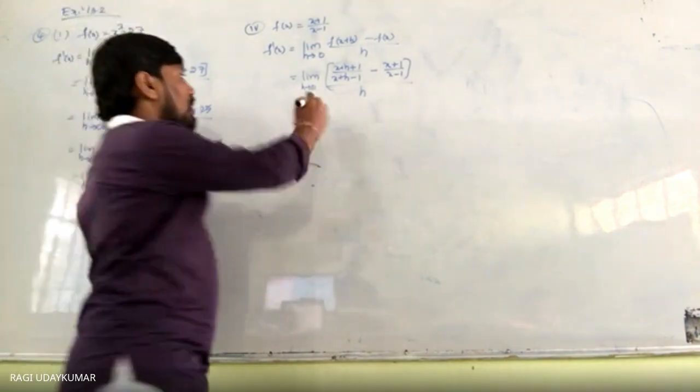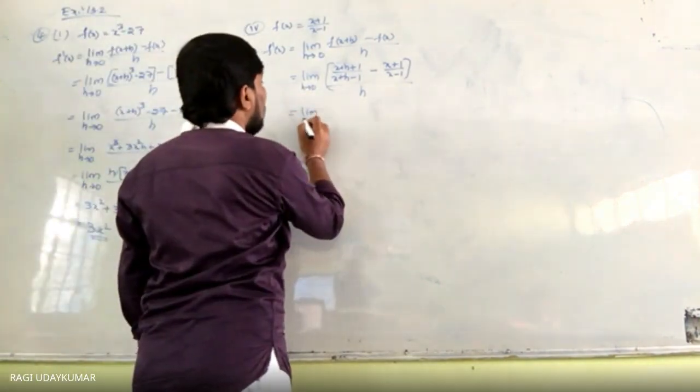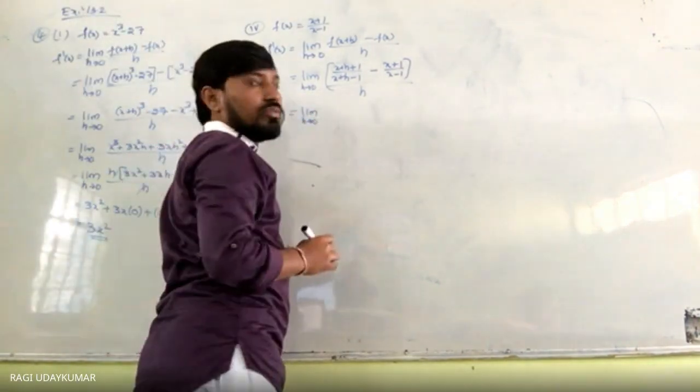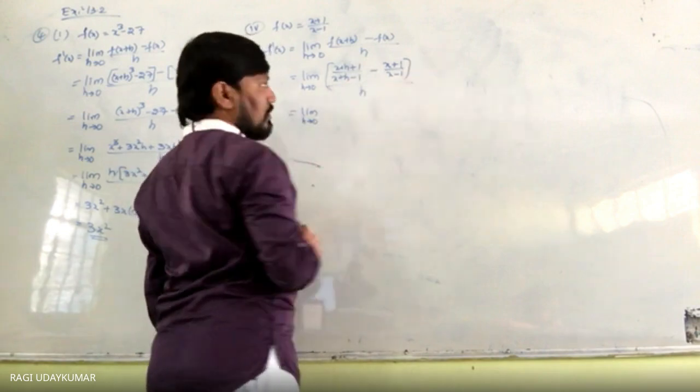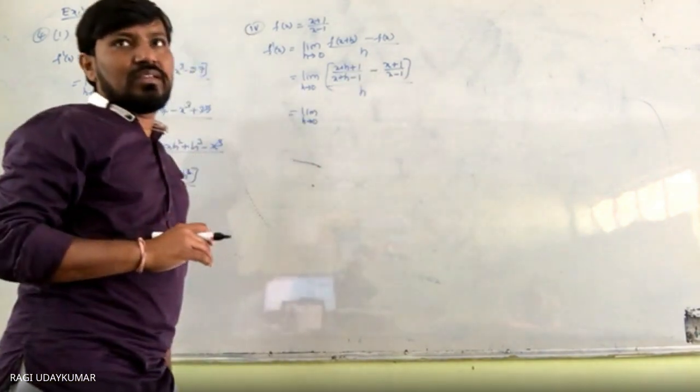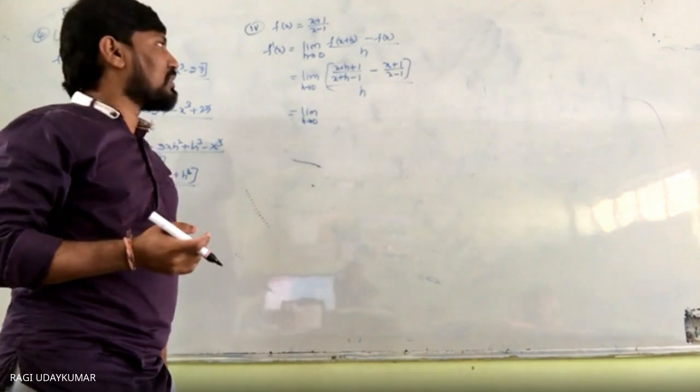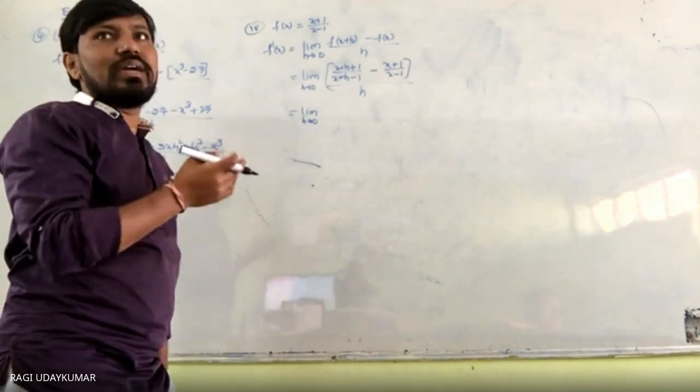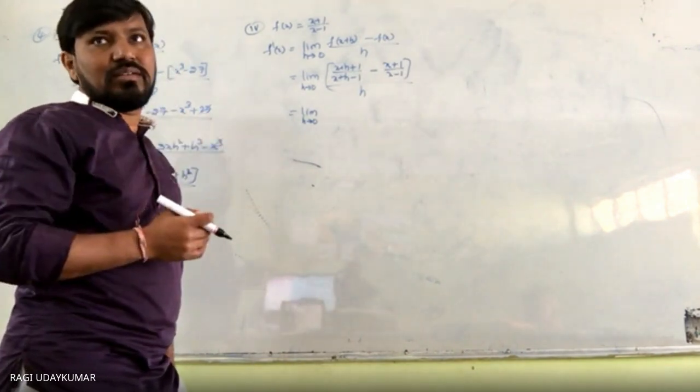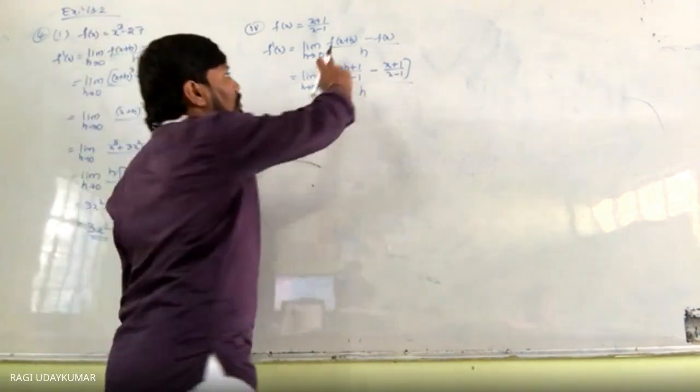Okay. So now what do you get here, which equals limit h tends to 0. Simplify that. So how do you simplify this? LCM: x minus 1 into x plus h minus 1. So multiply it.